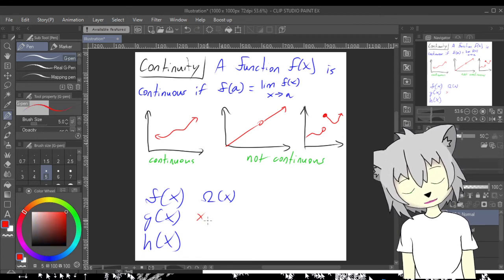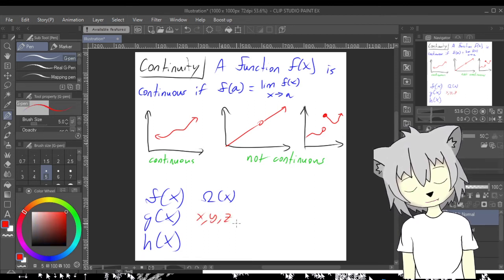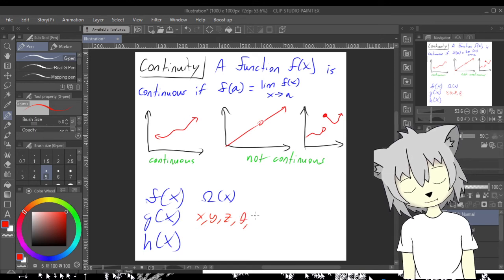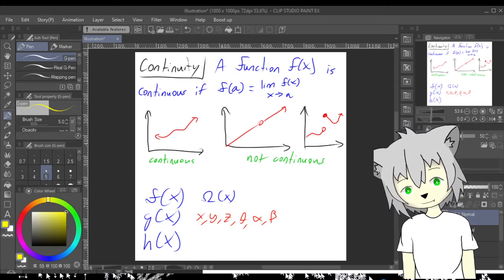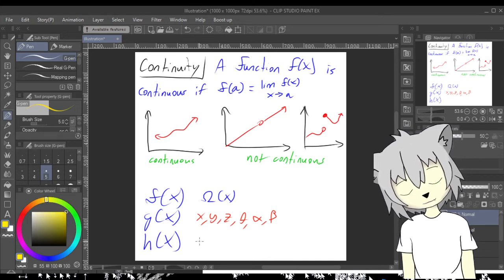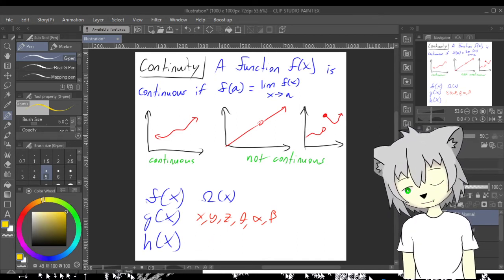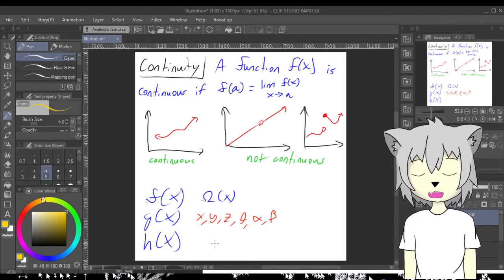It could be x, y, z, theta, alpha, beta. And it just approaches a value, which is typically defined as a, but that's just a placeholder.